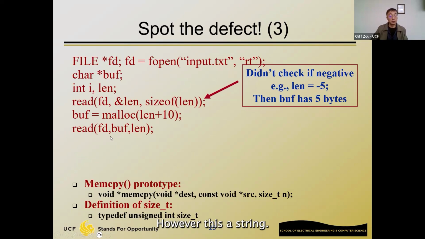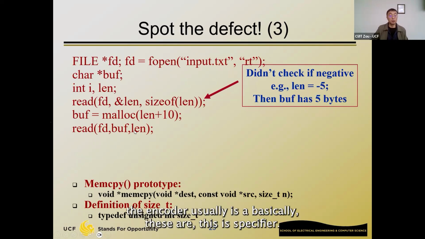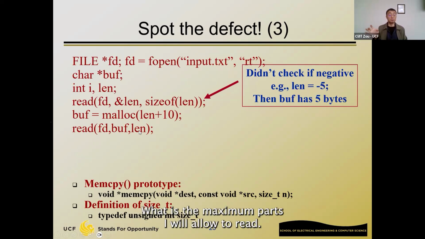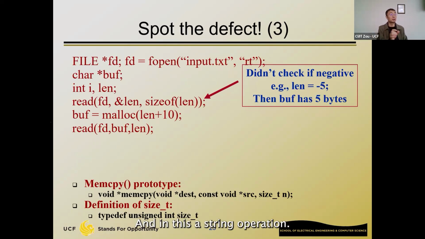However, in this read function, this length will be treated as size_t. In all these memory type operations, the integer specifies the maximum bytes I will allow to read in. It's just like this n in string operations.